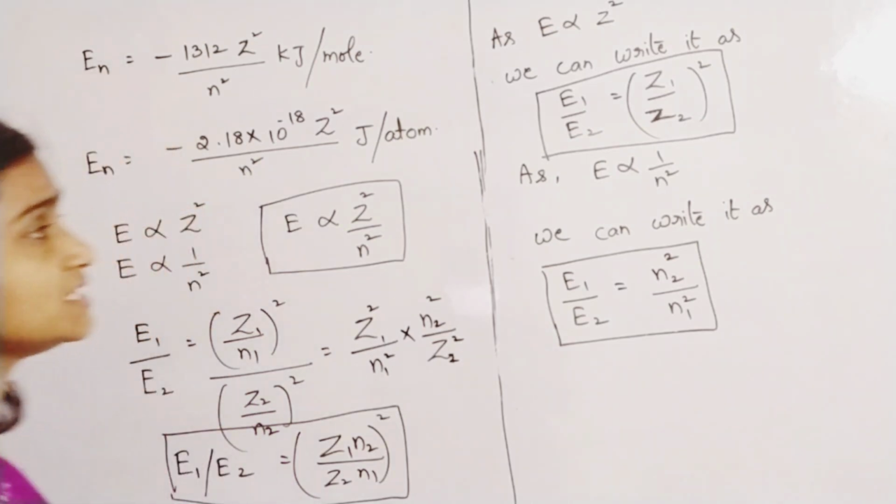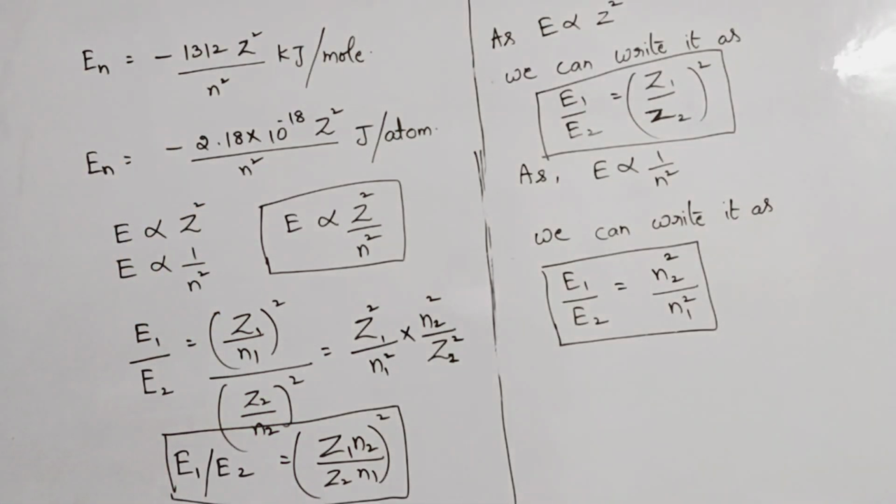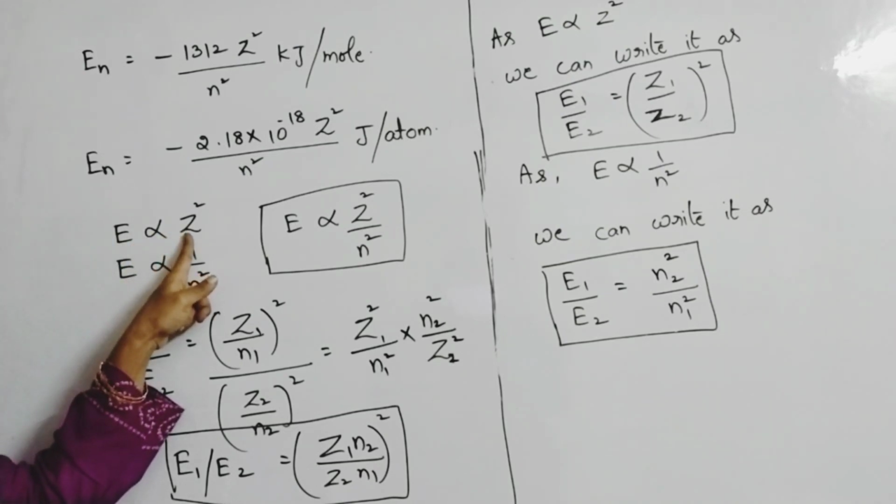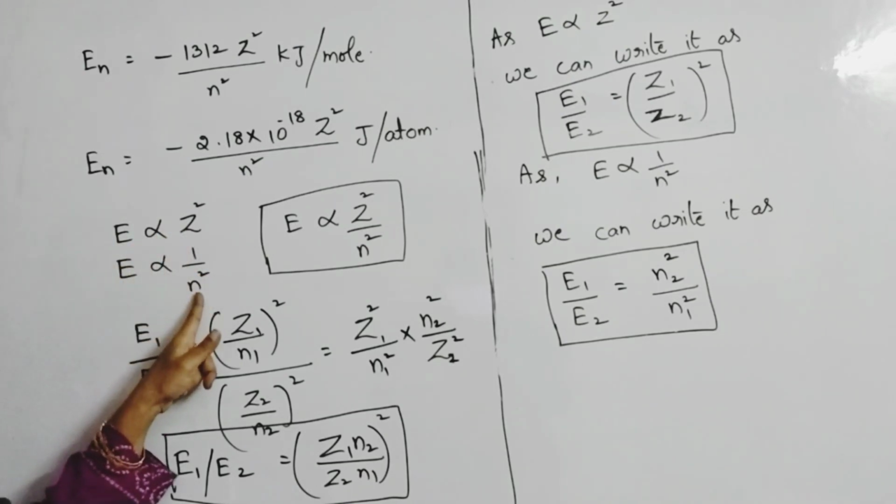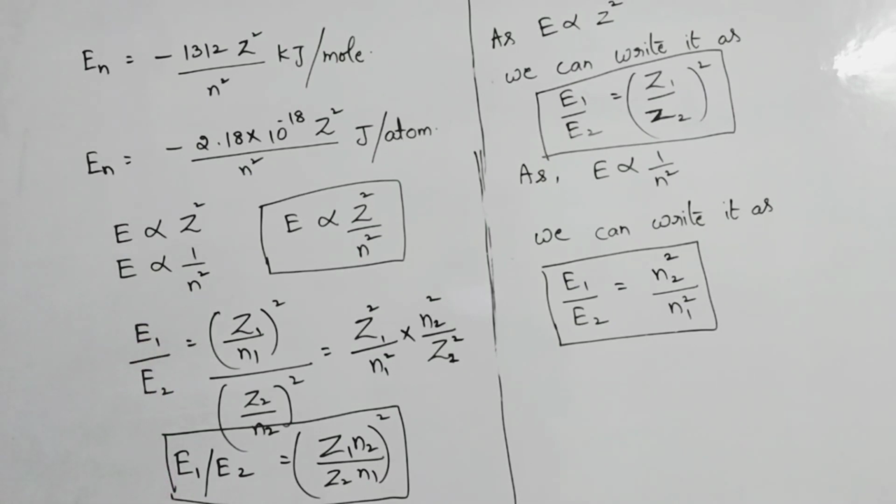So energy is directly proportional to atomic number and inversely proportional to orbit number. N means orbit number. This is the expression for the energy of the electron.